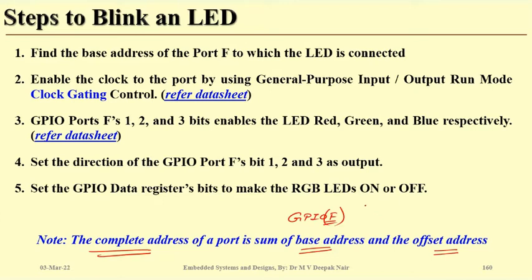There are many registers in a single port, and we have to reach the particular offset. The direction register is an offset, the data register is an offset, and digital enable is again an offset. We have to know the complete address, and then change the values in that register.